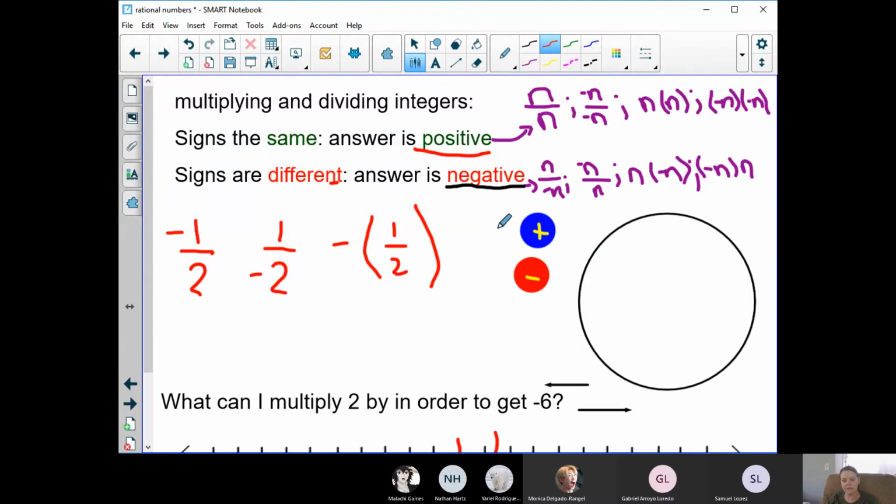Okay, they all look like 1/2. What else do we notice? They all have negatives. Okay, what else?